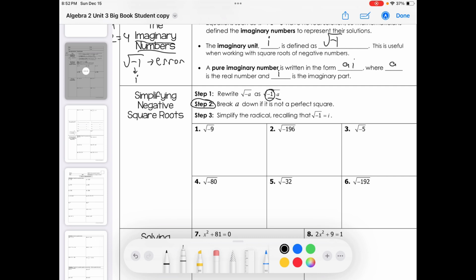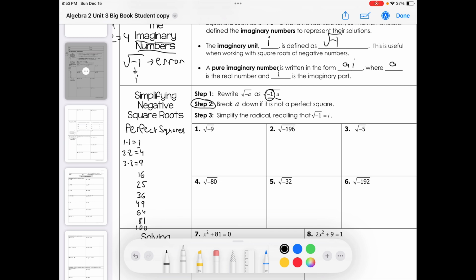So perfect squares are numbers that you can get by taking a number times itself. So 1 times 1 is 1, 2 times 2 is 4, 3 times 3 is 9, and if you keep going, 4 times 4 would be 16, then 25, 36, 49, 64, 81, and 100.